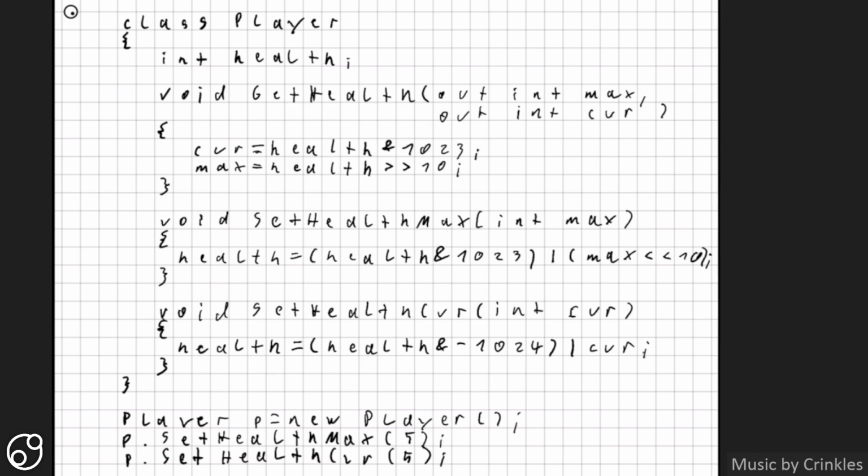So the player has 5 health in total, which is also the maximum. This would be the correct way. This way, we would now have the real value combined to this one integer, which is 5 times 1024.